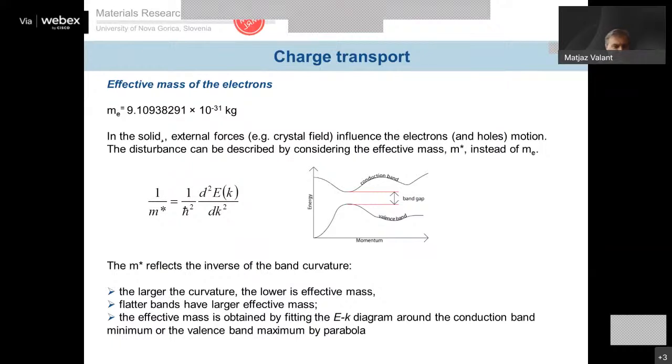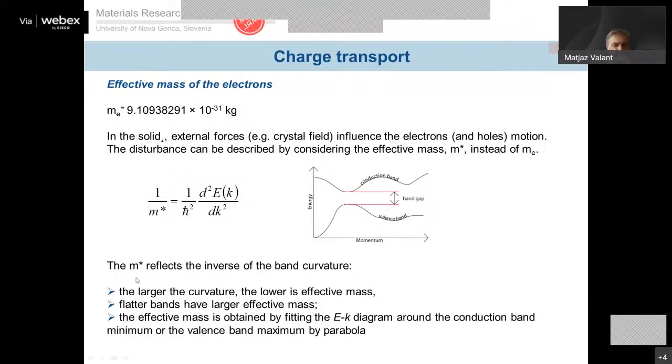But we can also, from the band gap structure, understand what material would have lower effective mass of electrons and what material would have higher effective mass of electrons.